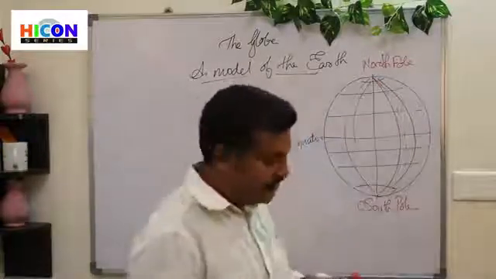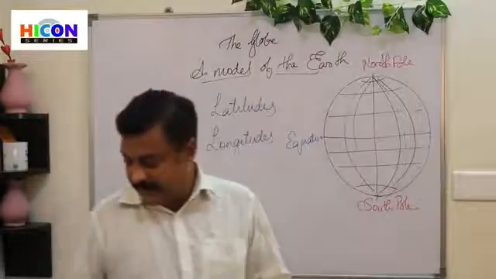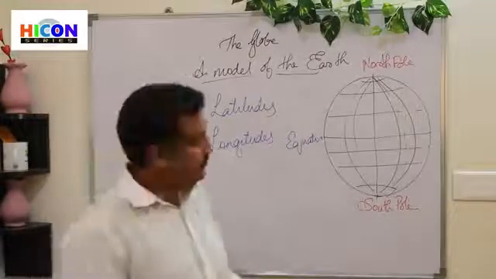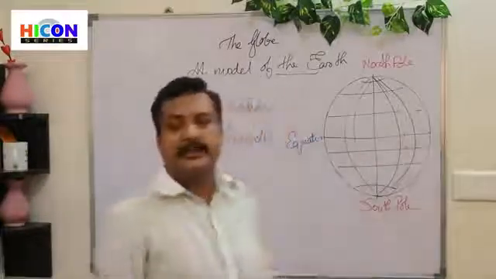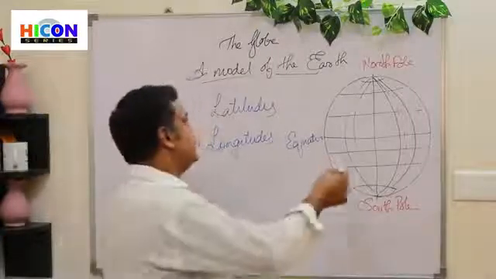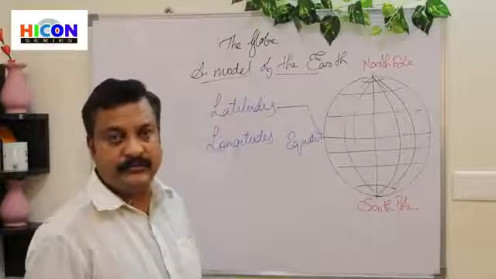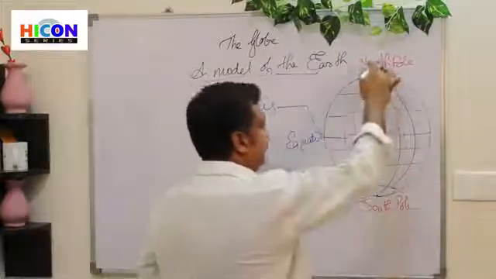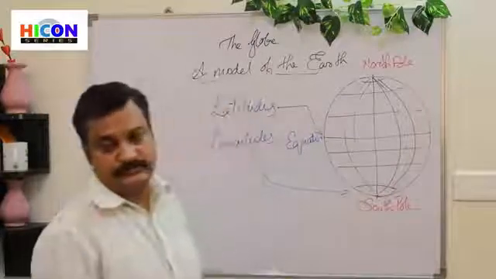Okay, so these are the two types of lines that we draw on the earth, and this is the line that passes through the center of the earth, that is called the equator, and these lines are called the latitudes. Okay, the lines that run from pole to pole are known as the longitudes.